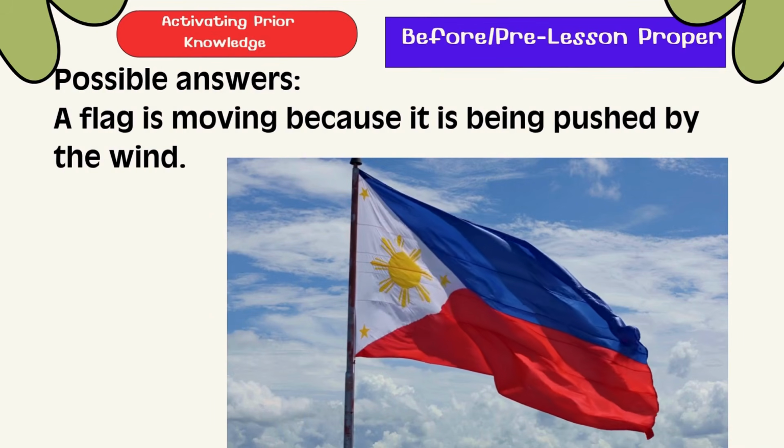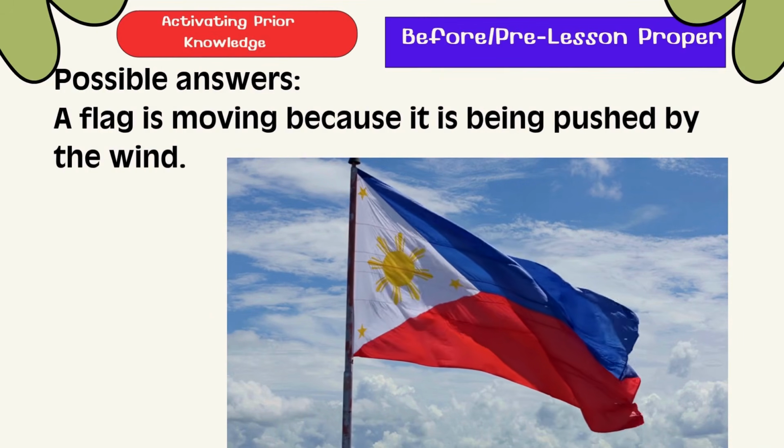A flag is moving because it is being pushed by the wind.